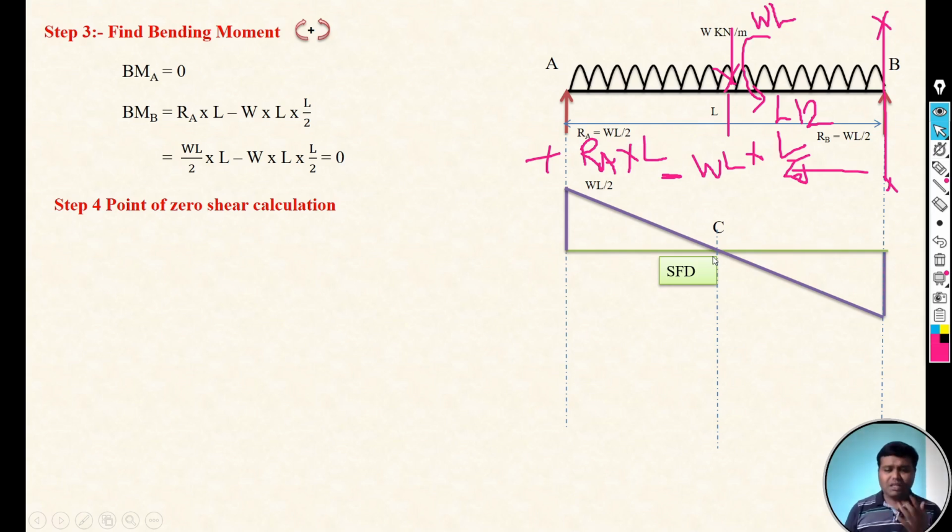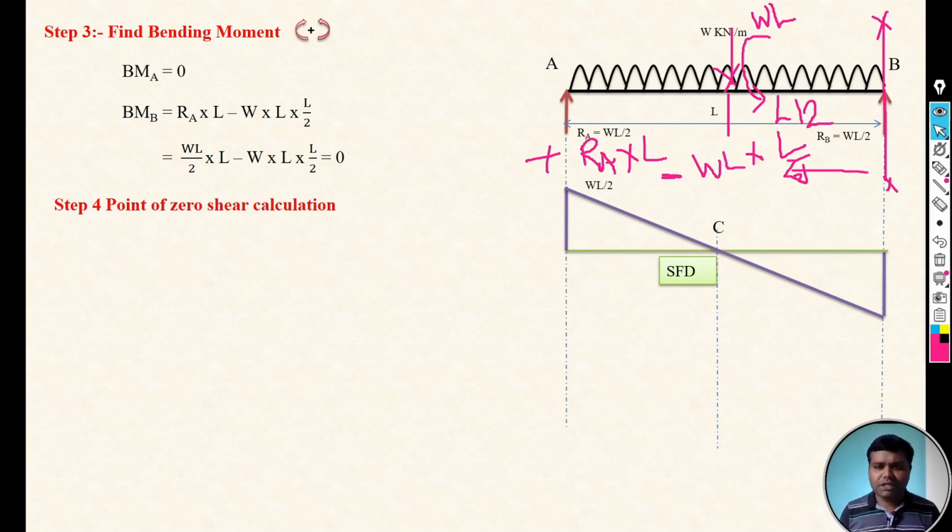But now here we have a symmetric diagram and symmetric loading. That's why we can say that the maximum bending moment is at the center, or the shear force is 0 at the center. But suppose we don't know where the shear force is 0, in that case we have to use the procedure that we are discussing now.